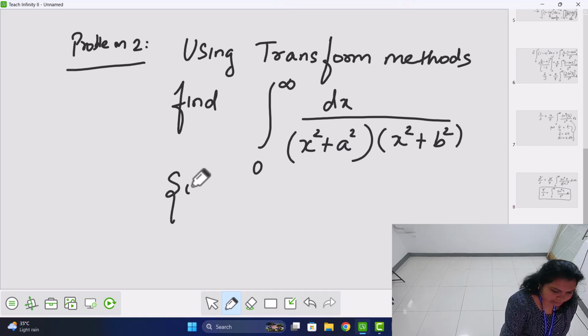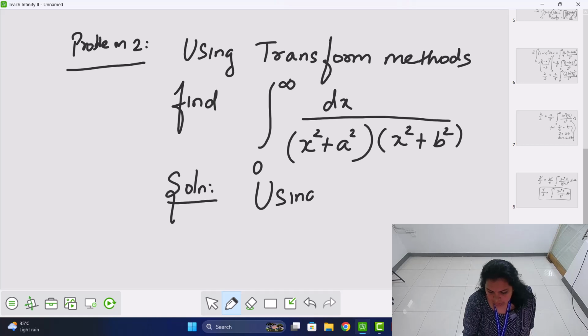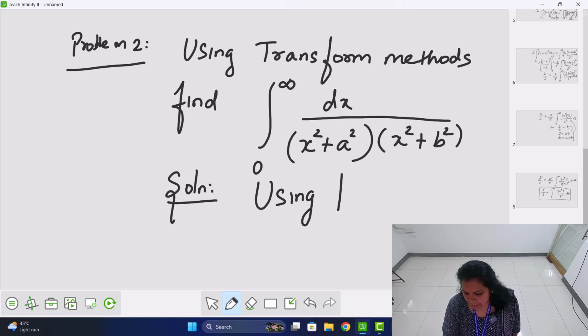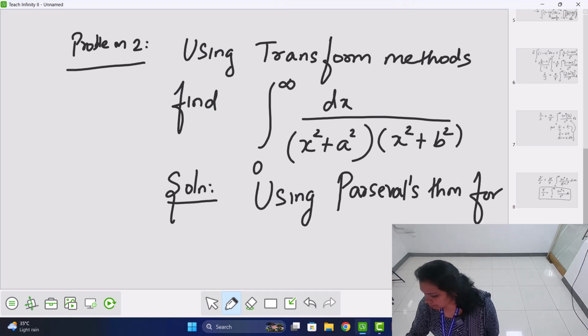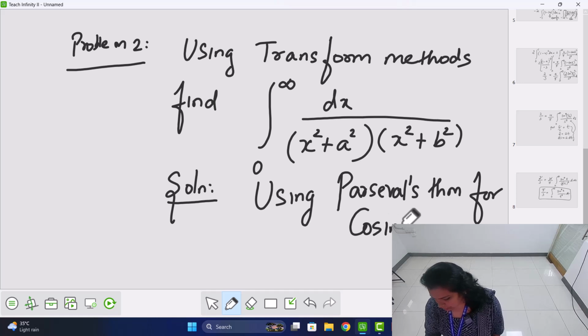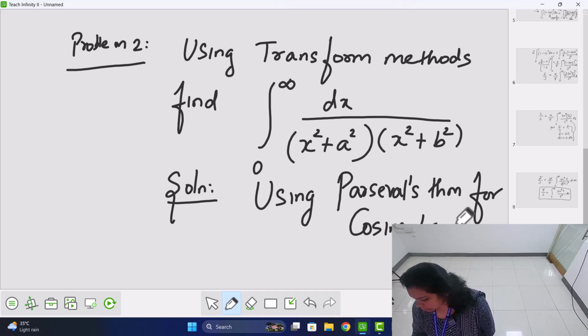So solution. So here also you are going to apply the Fourier transform method. So Parseval's identity theorem for cosine transform. For cosine transform you are going to find.